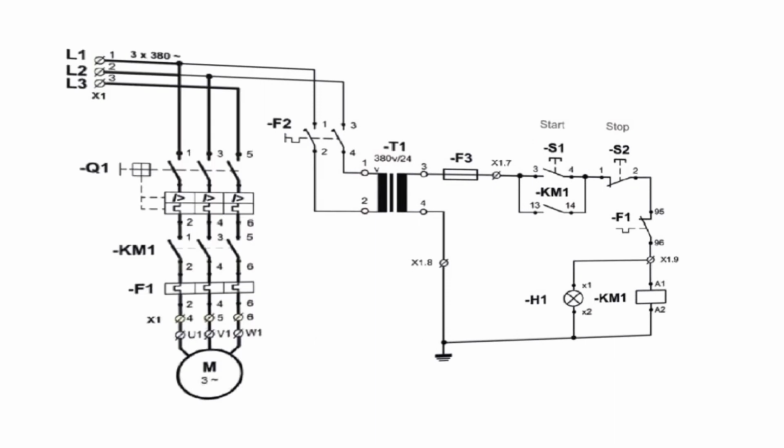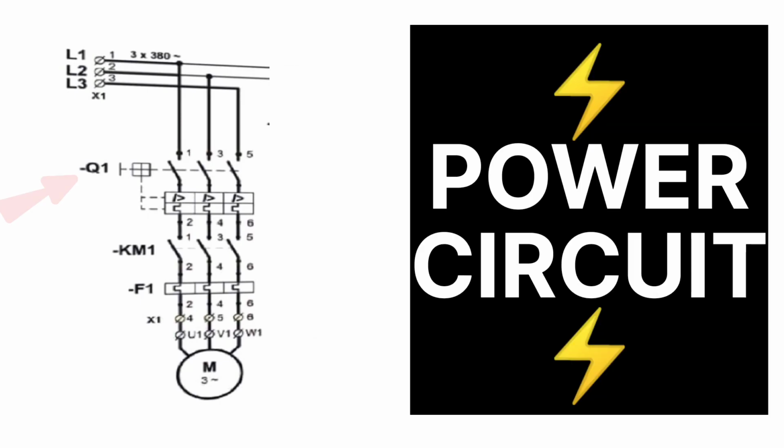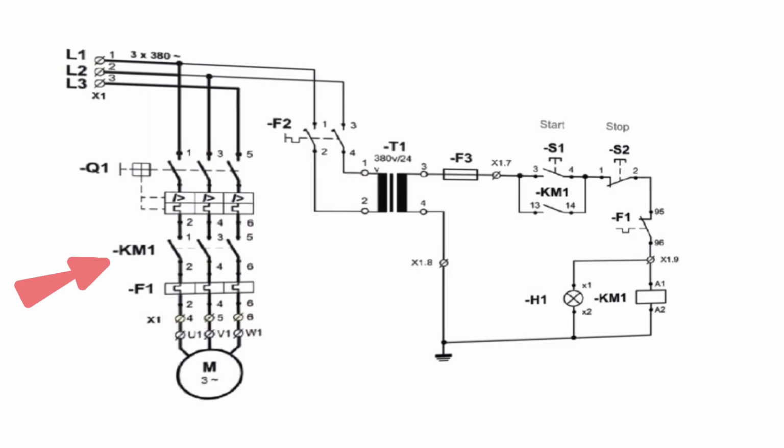The switching sequence for the DOL starter circuit is as follows. Power circuit operation: manual closing of motor starter protector Q1, that is the breaker. Closing of main contactor KM1. KM1 contacts 1, 2, 3 hold in, then the motor will start. When the KM1 contactor drops out, the motor will stop.